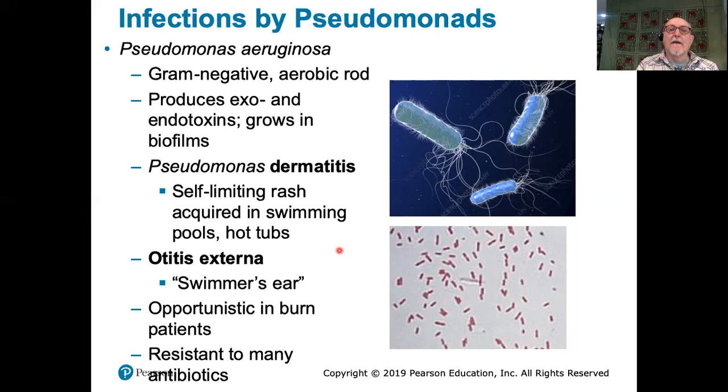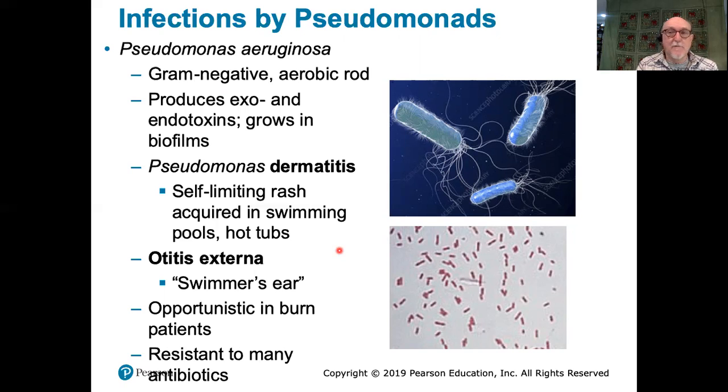But a normal functioning immune system would recognize Pseudomonas very rapidly, and it's very difficult for it to establish infection. But in immune compromised patients, such as burn patients or those undergoing chemotherapy, it can be extremely dangerous because it's very difficult to deal with.